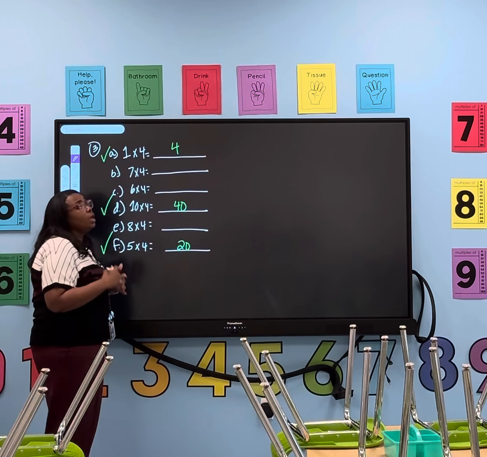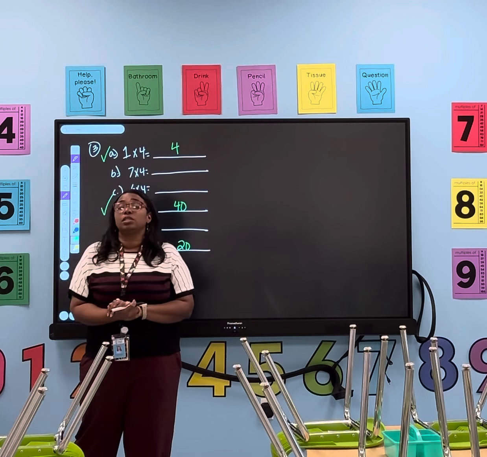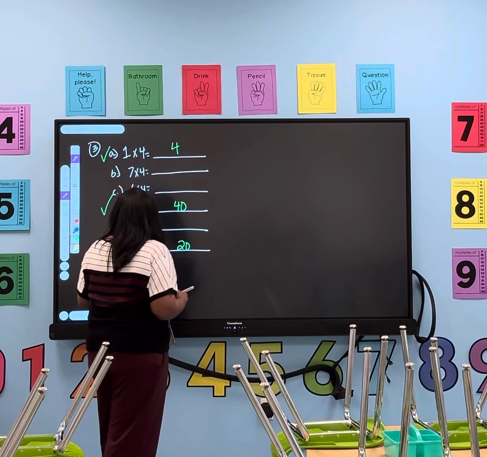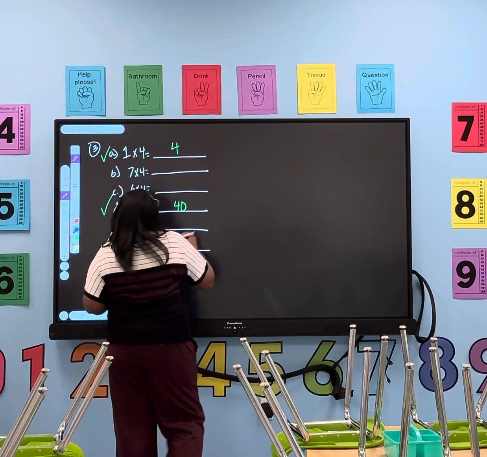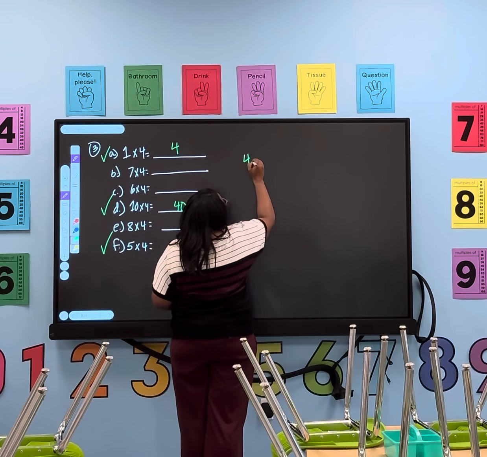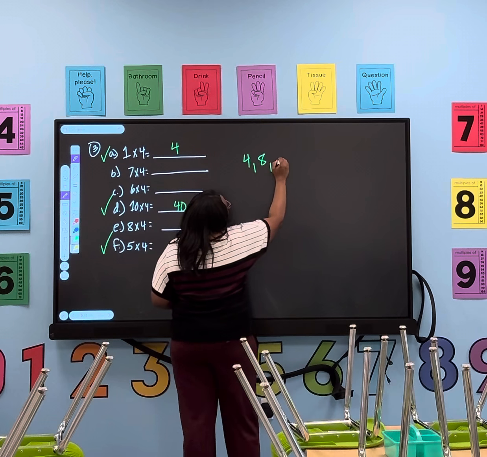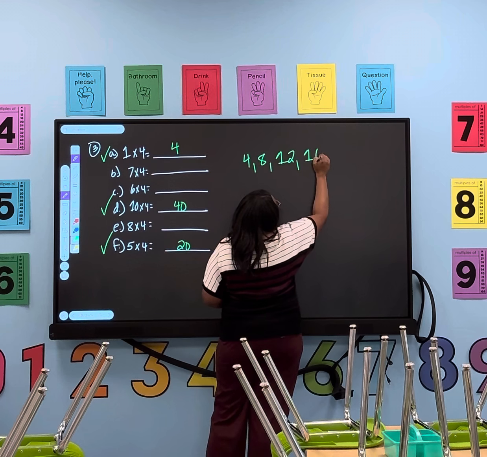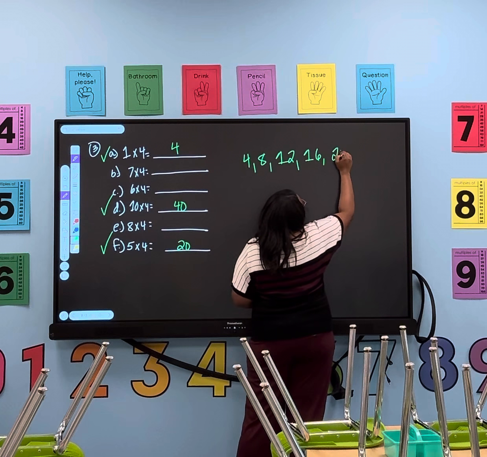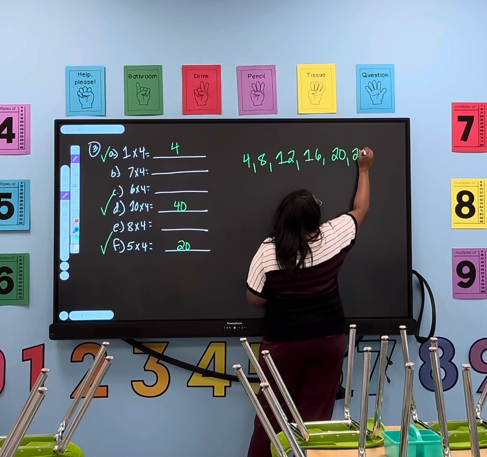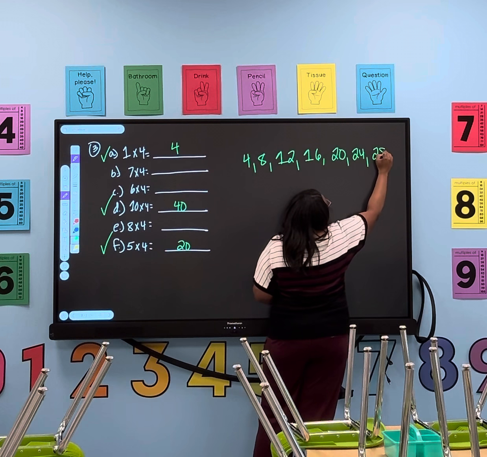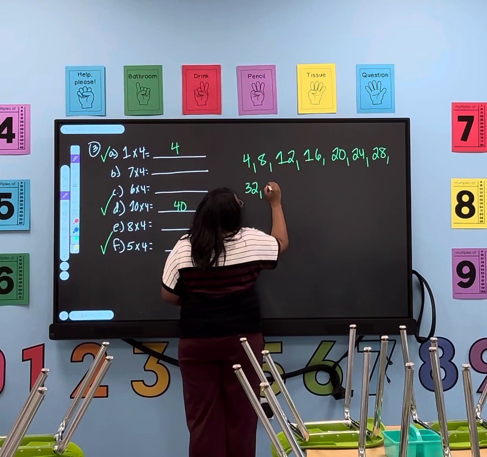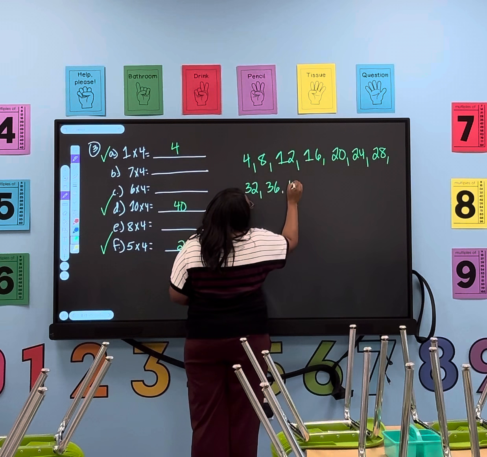Now, another way you can solve these is to actually write the skip count out on the side. So I'm going to write out the skip count. So that is 4, 8, 12, 16, 20, 24, 28, 32, 36, 40.